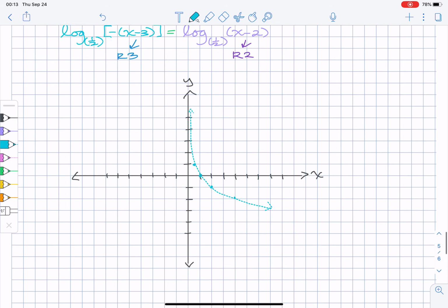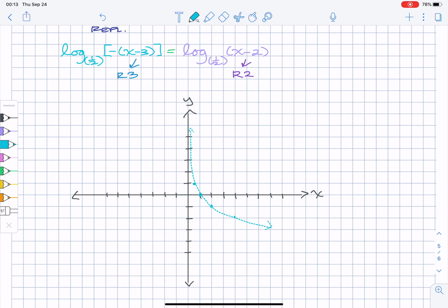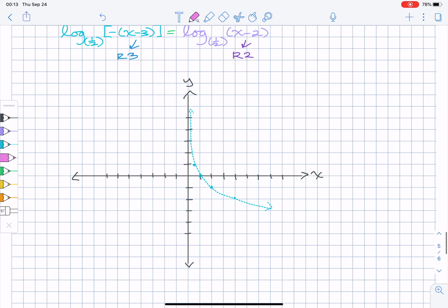So what I'm going to do now is shift these 3 to the right, but I'm also going to reflect them about the y-axis, right? So what's going to happen then is I'm going to get something that looks like so.